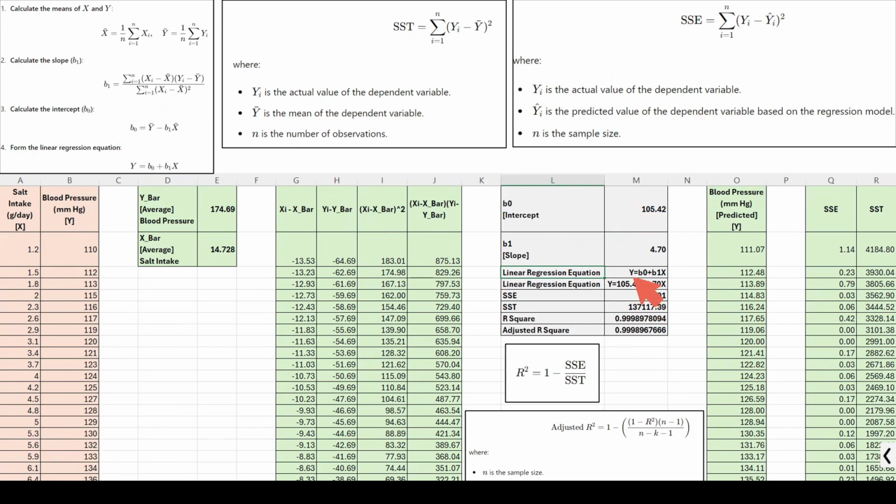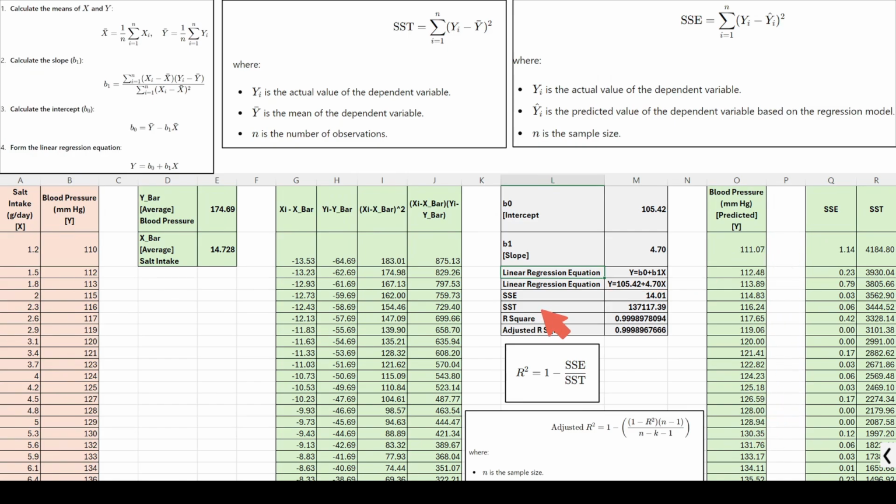Now using the equation y equal to b0 plus b1 into x, if we put in the values we have got, the equation becomes y equal to 105.42 plus 4.70 multiplied by x. And now using this equation I am going to get predicted values of blood pressure, that is the predicted value of the y variable, as shown on the screen.